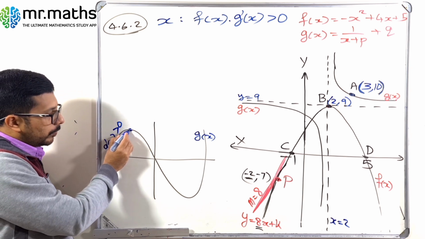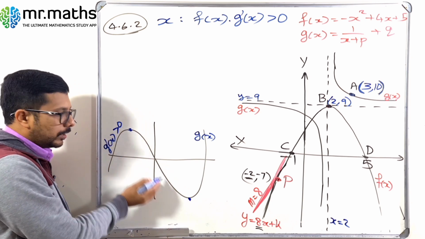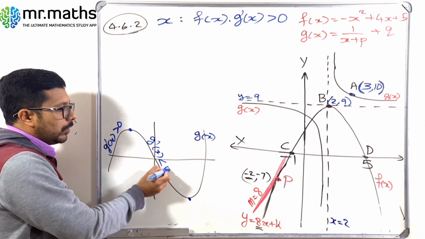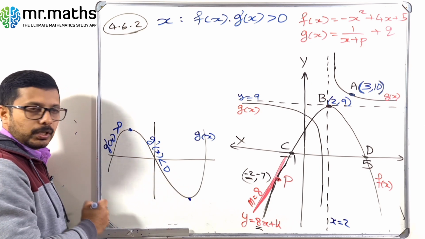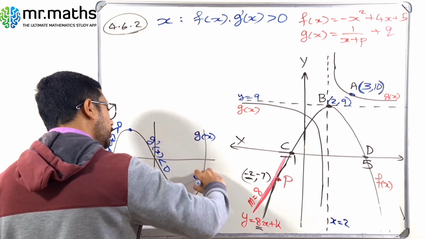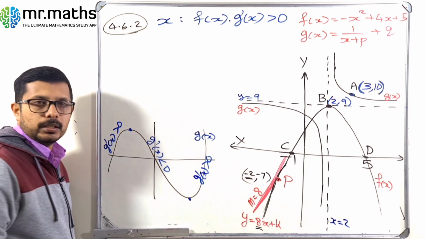Here you can see that from this turning point to this turning point, the graph is decreasing. That means the first derivative is negative or less than 0. Then again the graph is increasing, so g dash of x is again greater than 0.